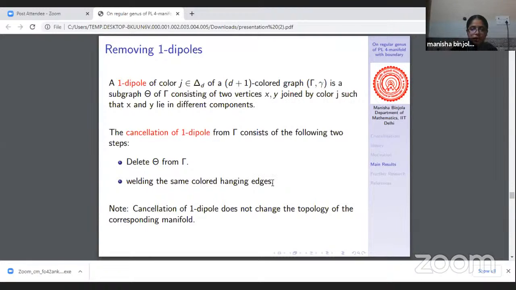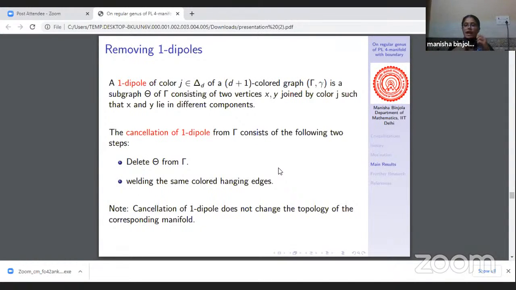And the important thing is that when we cancel one dipole, it does not affect the topology of whatever manifold it represents. And if you notice one thing, as I just showed using the gesture of my hands, when we remove one dipole, we are removing vertices.